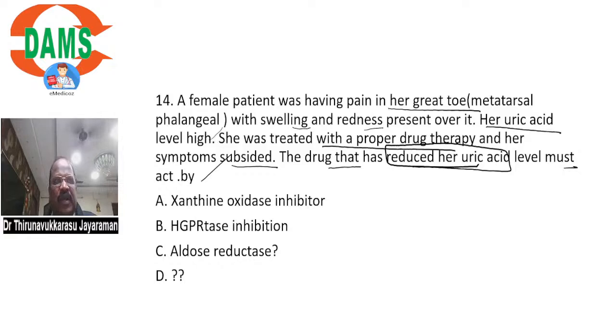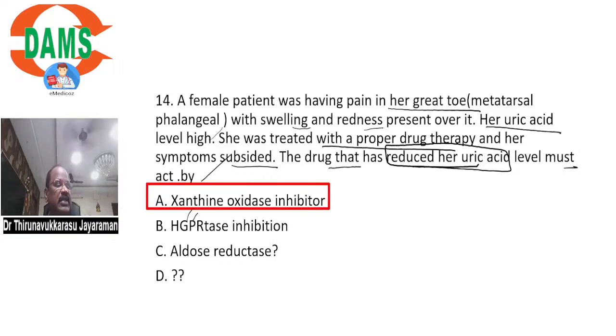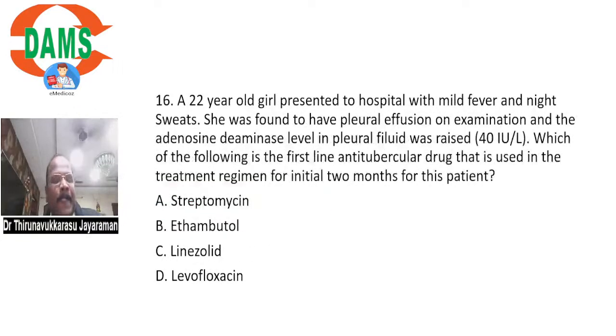Here they give the option xanthine oxidase inhibitor, and another option, HPRT, hypoxanthine guanine phosphoribosyltransferase inhibitor. So the answer is automatically xanthine oxidase inhibitor. The other option is incomplete, but anyway, the answer is xanthine oxidase enzyme inhibitor.